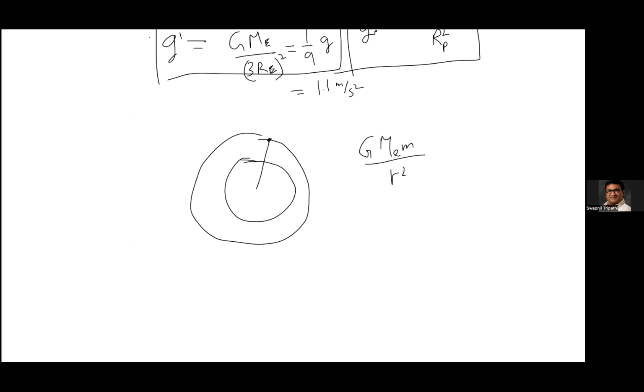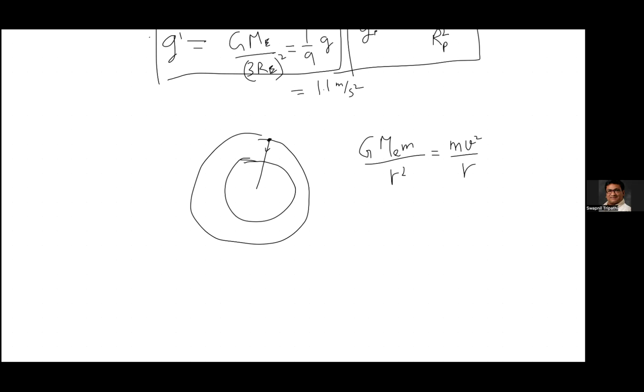So this will be the force of attraction, the force being experienced by the satellite. And this is equal to the centripetal force. This is a standard method in circular motion. Whenever something is going in a circular path, then one of the things to try is always to figure out the expression for the force and equate it equal to mv squared over r.